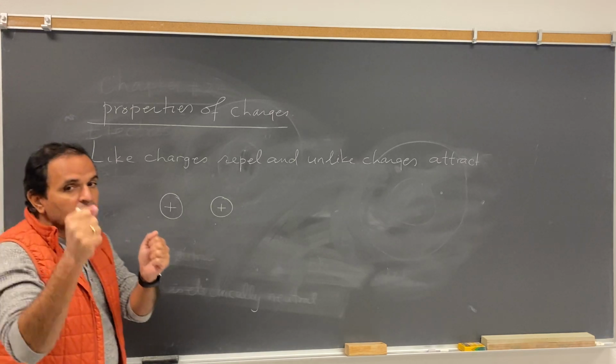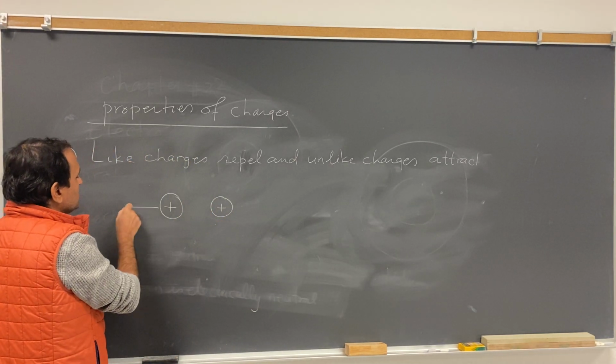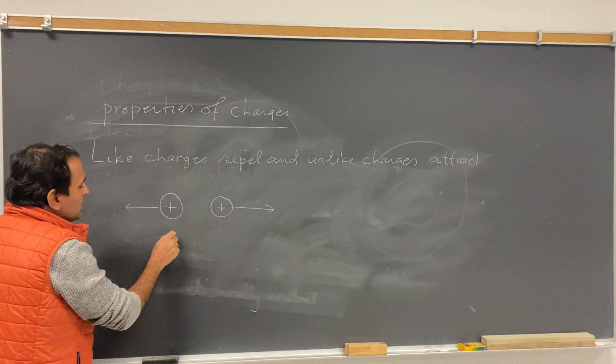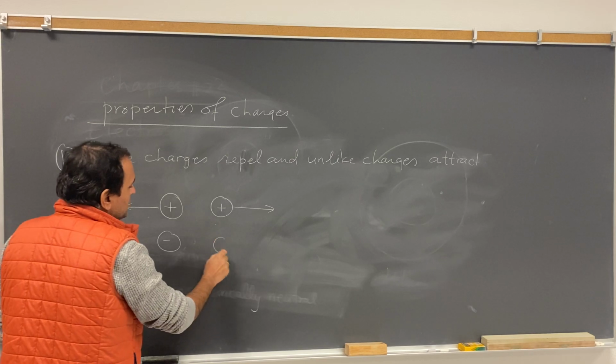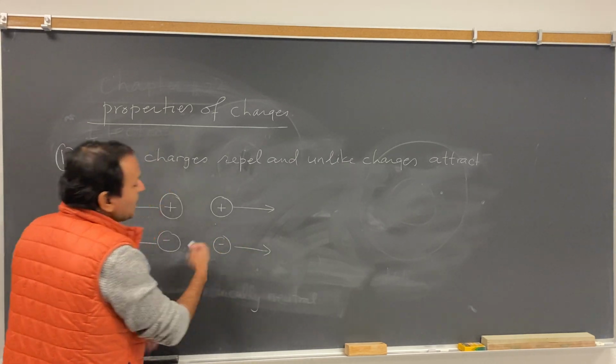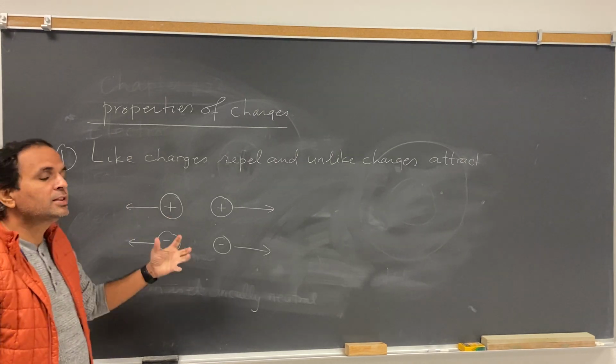If you bring them close, they repel. There is a repulsive force. Similarly, if you bring a negative charge here and a negative charge there, they also repel because they are like charges.